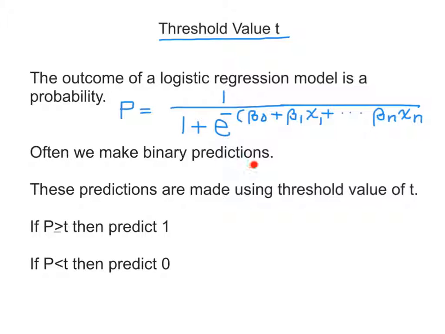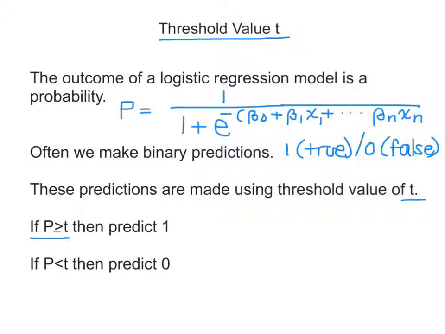Often we make binary predictions, and that's what we're doing here, where our prediction is 1 for true or 0 for false. These predictions are made using the threshold value t.